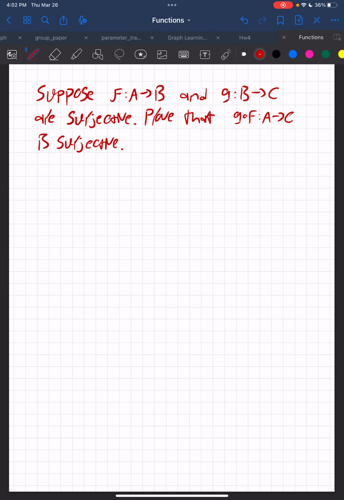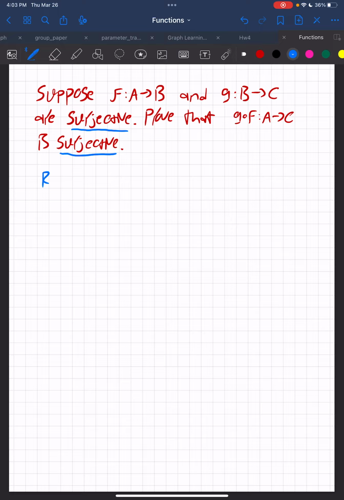Let's do a simple proof involving surjective functions. So I'm going to reiterate this again. Before you actually start writing the proof, what you should do is look for the relevant definitions, and write those definitions so that you can use them as a reference. So in this case, the only important definition is that of a surjective function.